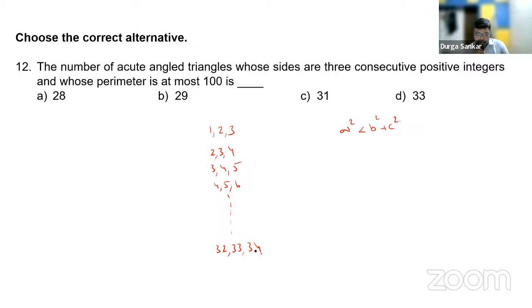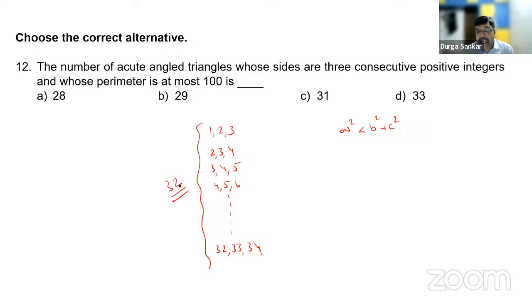So if you observe, there are 32 triplets possible, or I can have 32 triangles where the sides are 3 consecutive positive integers and the perimeter is at most 100.